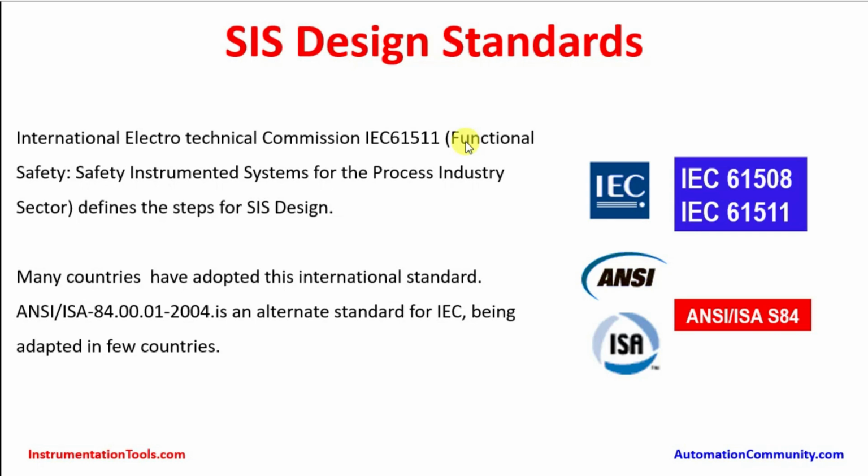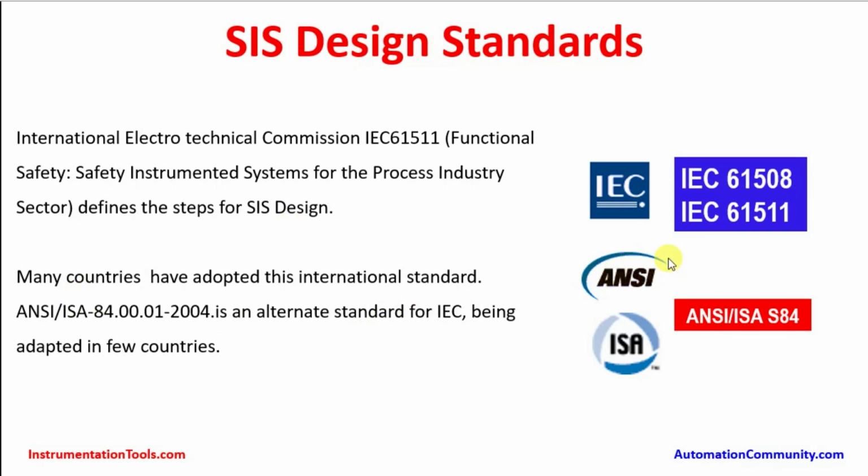IEC 61511 is the one which governs many safety requirements. It is the standard for functional safety instrumented systems for the process industry sector. This standard also describes the SIS design, how the safety instrumented system has to be designed.